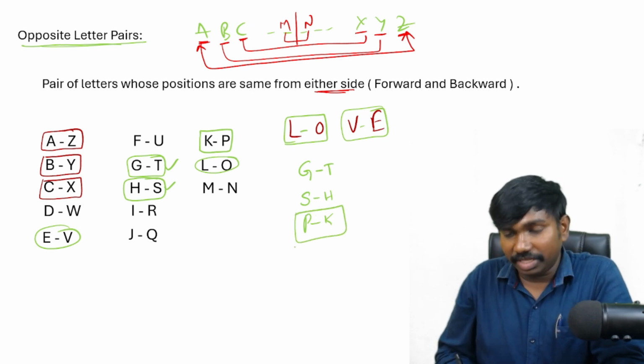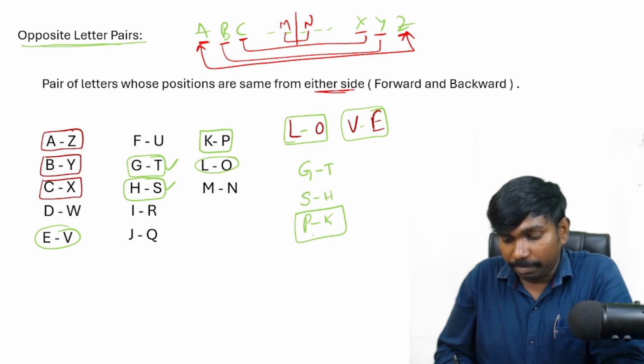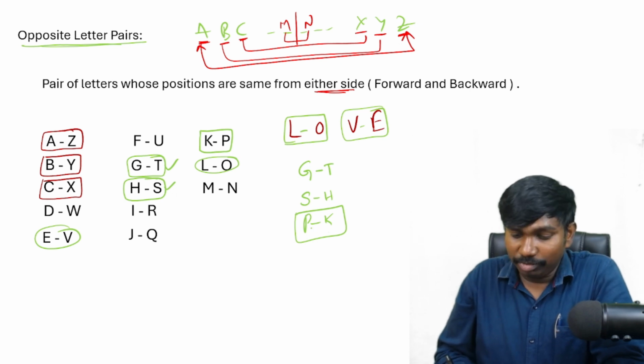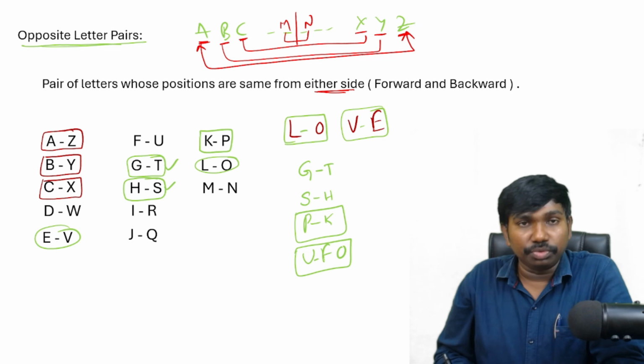And another is, there is a movie in Hindi from Bollywood, Aamir Khan's movie, that is PK. PK is an alien in that movie, right? He came to Earth by using a UFO, an unidentified flying object.